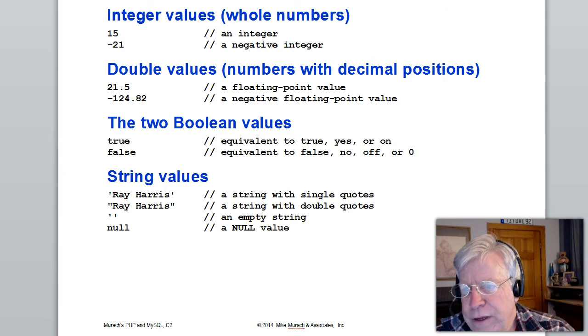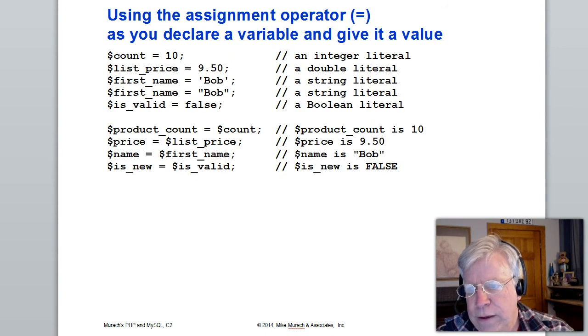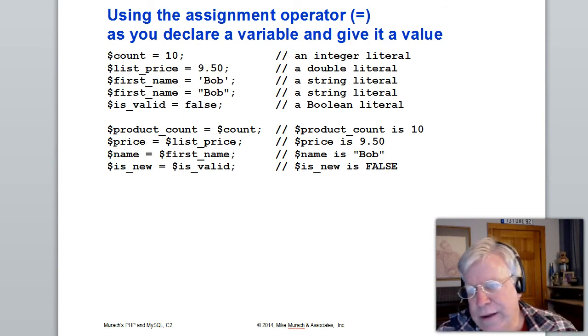Here you see some examples of an integer value, 15, minus 21; doubles, which are floating; boolean is either true or false; and then string values. And then here's another example with double values, where using scientific notation is valid.